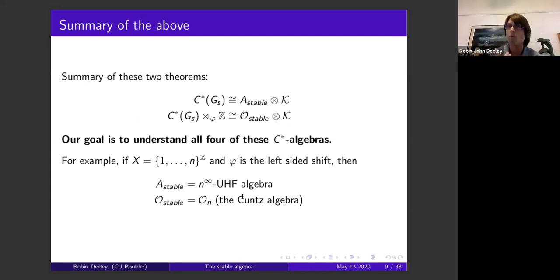And that's exactly what we're seeing in this case. Here would be our UHF algebra. Here it would be now after tensoring with the compacts. And it sits inside here, the cross product algebra, as a subalgebra. And we want to think of it being like the core sitting inside of the Cuntz algebra, or more generally, the core sitting inside a Cuntz-Krieger algebra. So that's the way we want to think of this program.